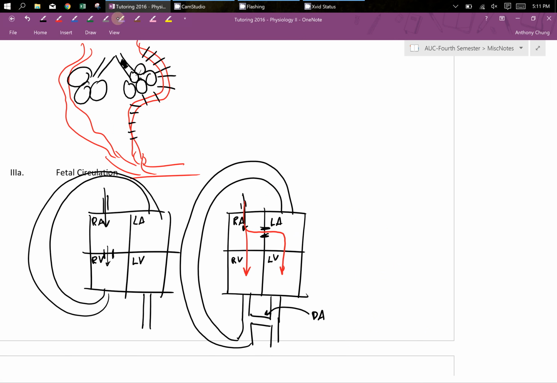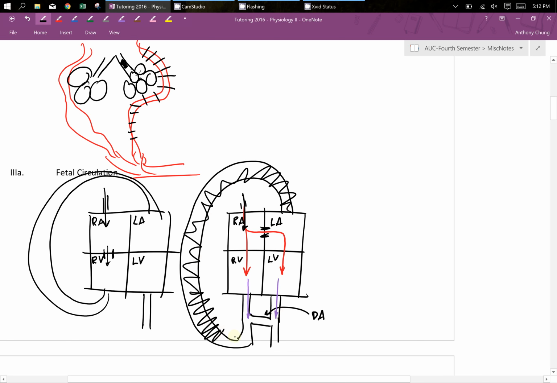The next step is that it comes down over here. It leaves through the great vessels. Now, here's the thing. When you're a baby, how much oxygen do you have in your lungs? Zero. You don't have oxygen in your lungs. So what will happen? Vasoconstriction. When vasoconstriction happens, this part doesn't perfuse very well. So there's very high resistance here.